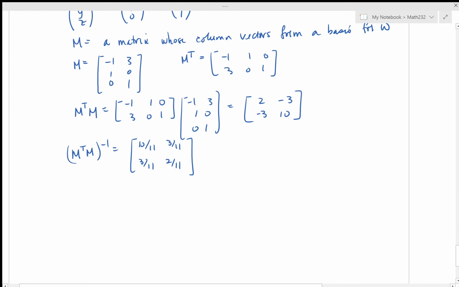And then I will be able to compute P from these things. There's P. That is going to be M, M transpose M inverse, and M transpose.